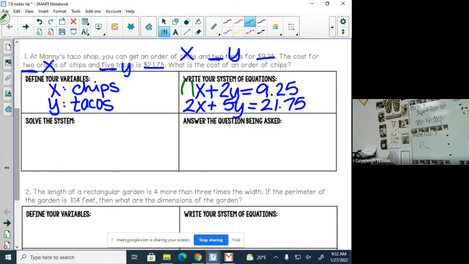That's like a 1x, so I'm going to multiply that by negative 2. Negative 2 times 1x is negative 2x. Negative 2 times positive 2y is negative 4y. Negative 2 times 9.25, that's negative 18.50. And I'm going to add that to the second equation.